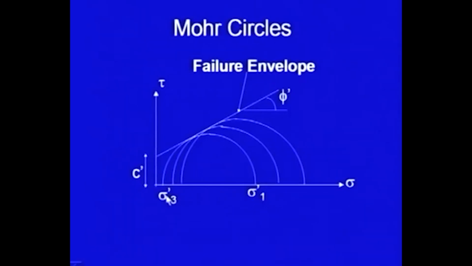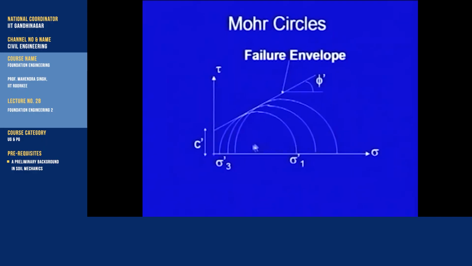Now, if you conduct tests at different confining pressure values and plot them as Mohr circles, you know Mohr circles: it is the sigma axis and here it is the tau axis. On the sigma axis you can put sigma 3 here and sigma 1 here, and take this as the diameter and draw the circle. For the next higher sigma 3, this is the second Mohr circle.